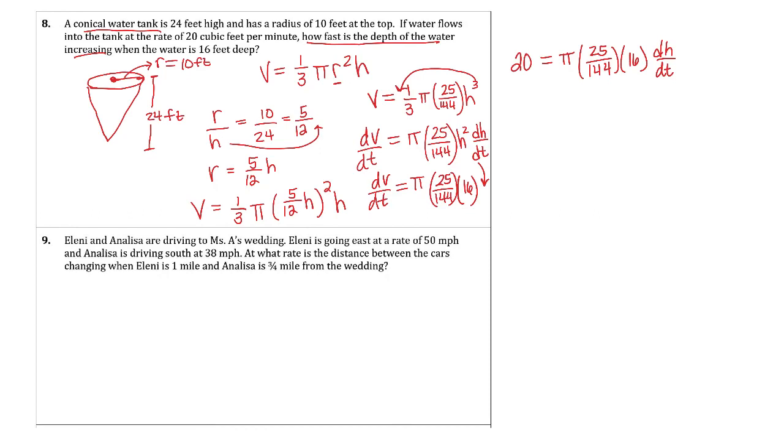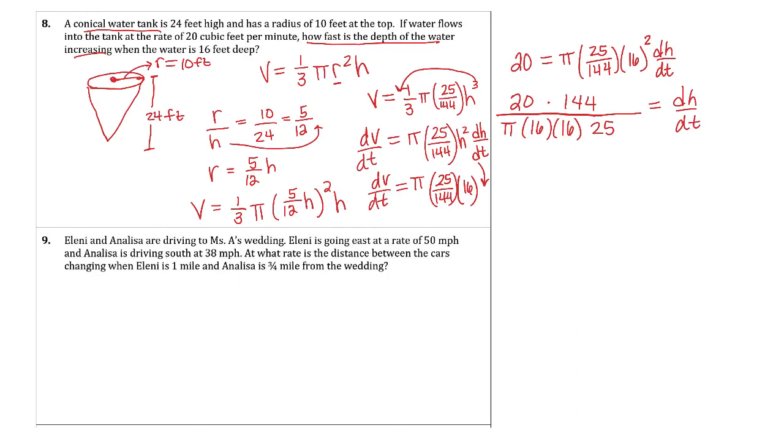I'm going to just rewrite this out because I don't have a calculator. So 20 divided by pi times 16 squared times 25 over 144, and 144 is going to go up in the numerator. So that's going to be equal to dH/dt.